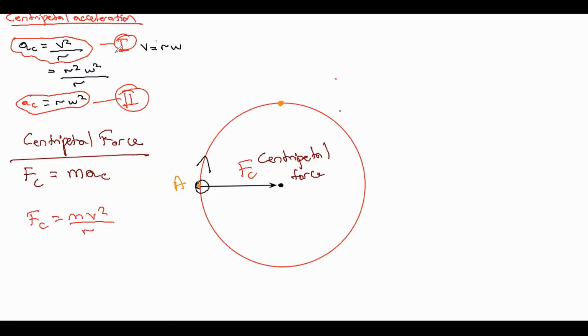I substituted the first one into this, and I got this. Now I'm going to substitute the second one into this, and I'm going to get the second formula for my centripetal force. Are you guys clear about this? Does anyone have a confusion on how I derived these two formulas? Okay.